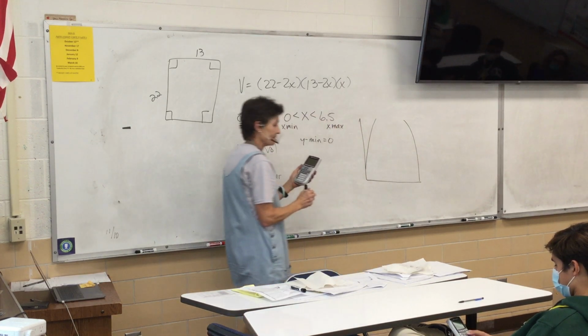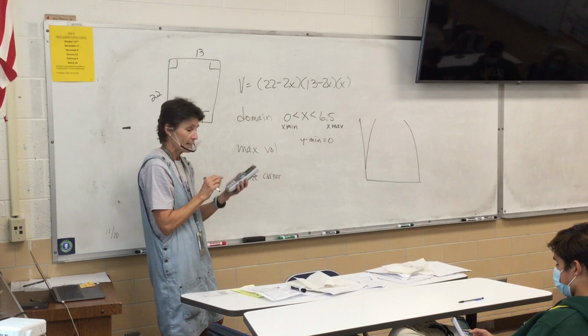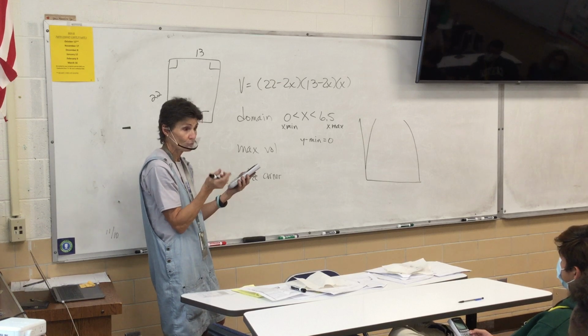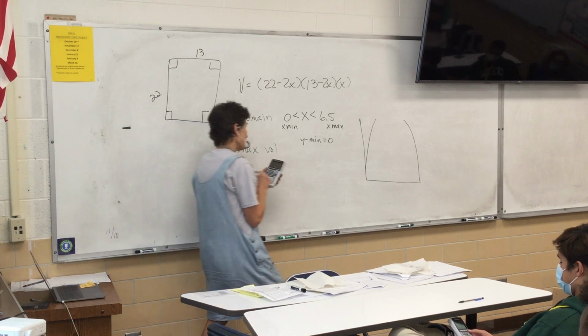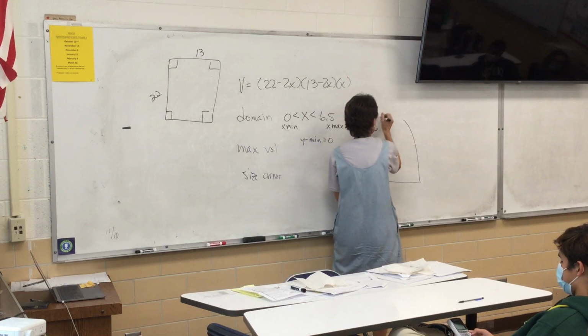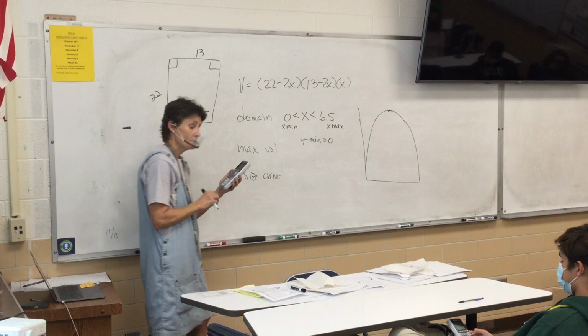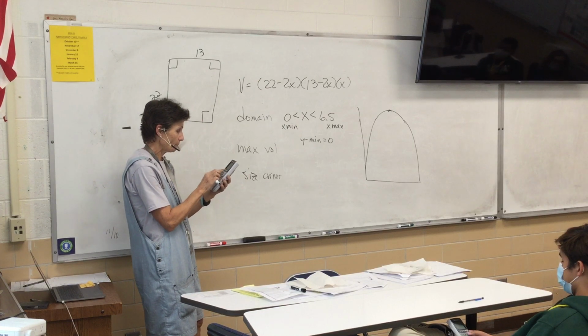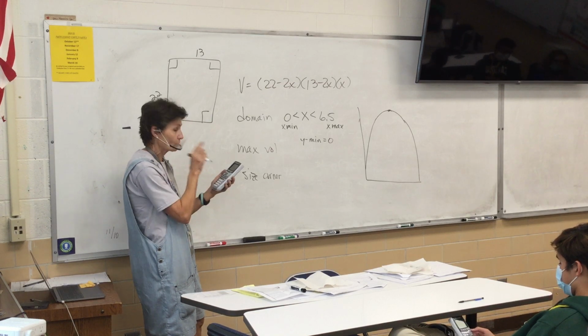What does that mean? That means I go back to my window, and when I put in 300, I might put in 400 now. Okay, that's better. Now I can see the top of the hill. I'm looking for that point right there, right? So second calc, maximum, looking for the maximum.